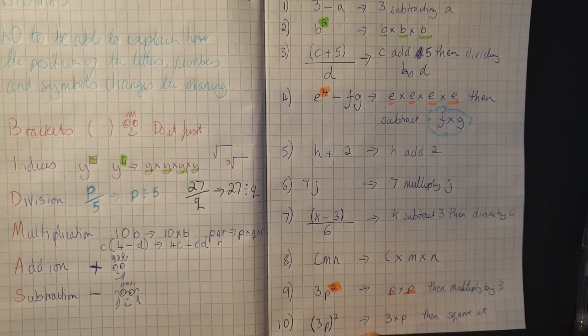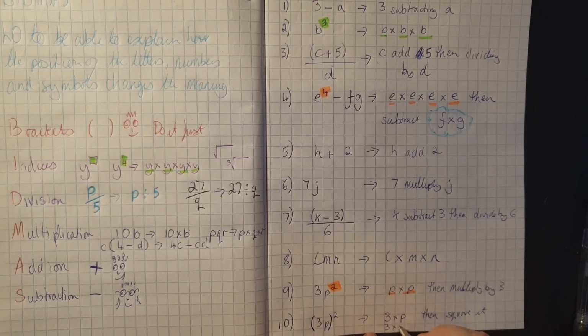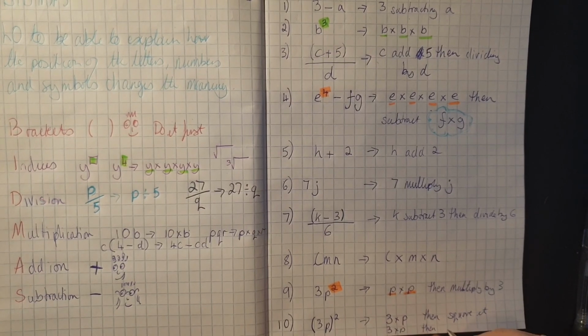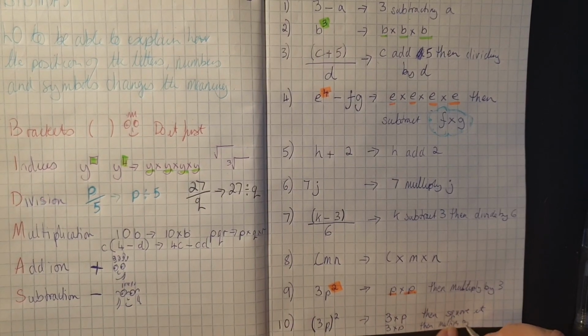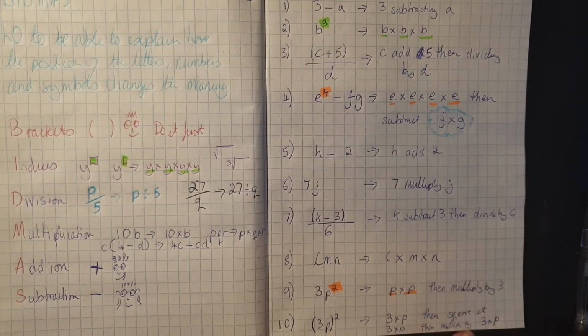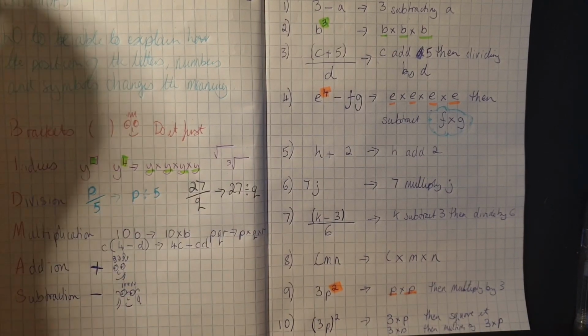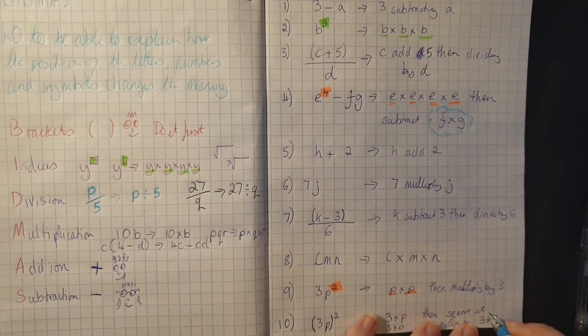Now you might have written it 3 times P, then multiply by 3 times P, or 3 multiplied by 3. And again, you might have used a bit of colour on that just to show that separately.